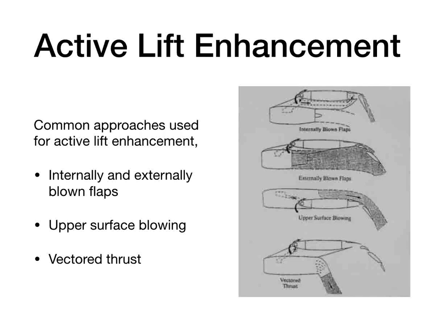In upper surface blowing, a high velocity airstream is directed over the upper surface of the main wing. This requires placing the engines above and forward of the wing. With blown flaps, high velocity air is directed specifically at the trailing edge flaps.